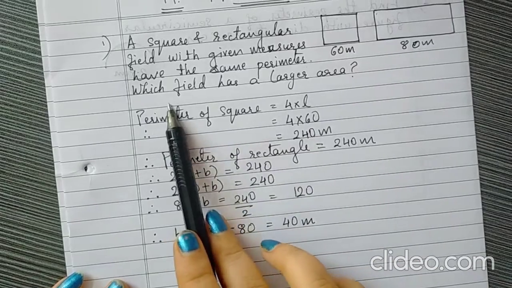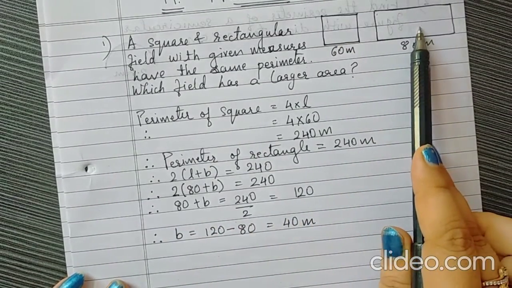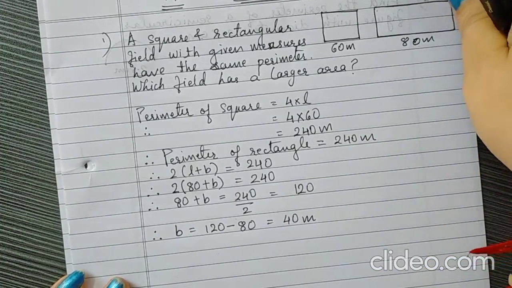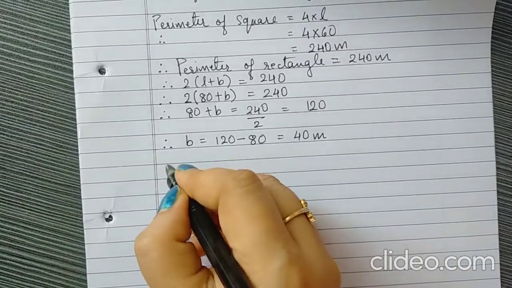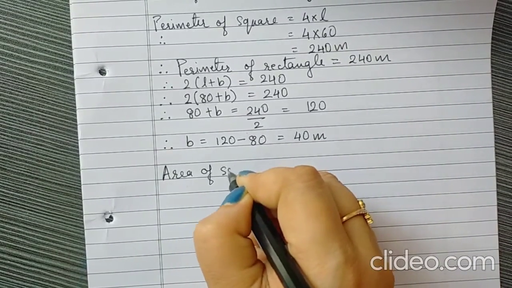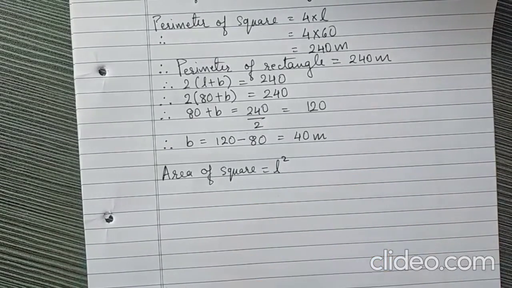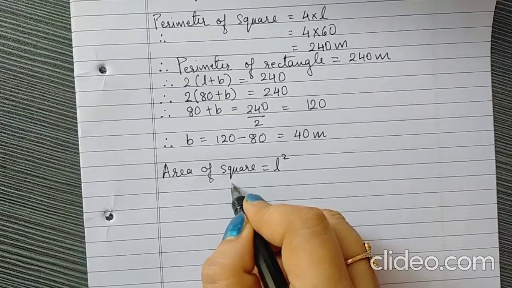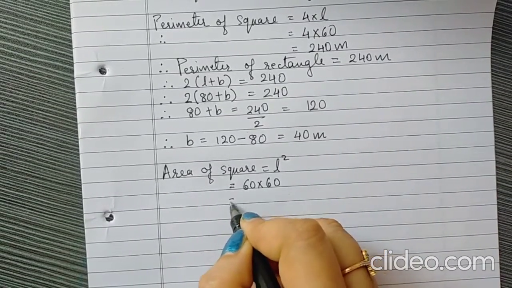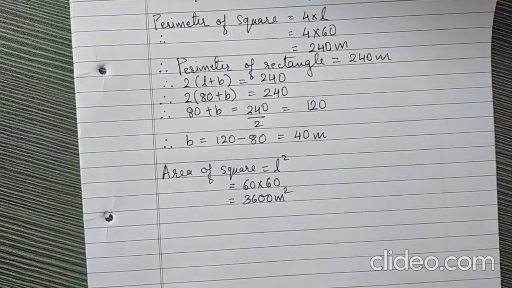Now we have to find who has the larger area, whether square or rectangle. For that we need to find the area of both the fields, right? So area of square will be L square, and that is 60 into 60, which is 3600 meter square.